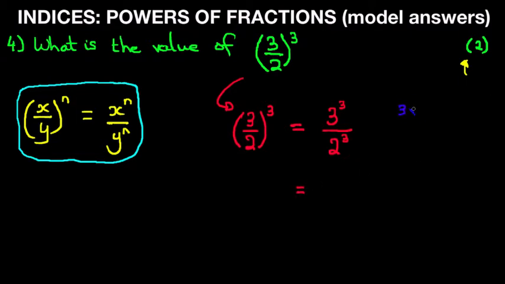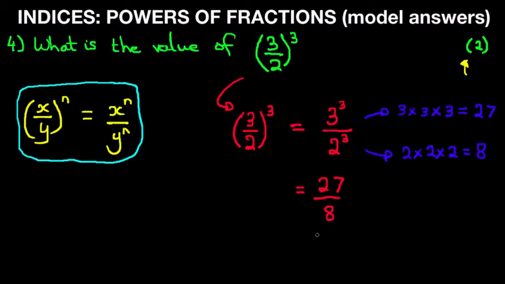So we have 3 times 3 times 3. 3 times 3 is 9, times 3 is 27. So we can write that down, 27 over 2 times 2 times 2, which is, well, 2 times 2 is 4, times 2 is 8. So the answer is 27 over 8.